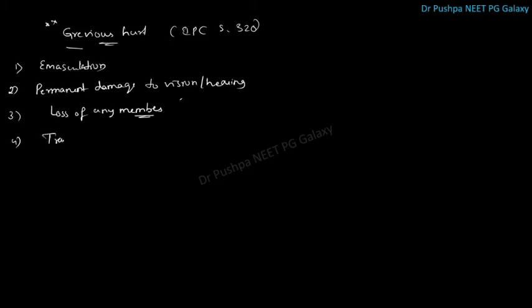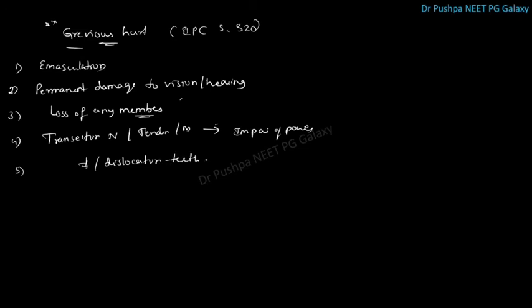So transection of nerve or tendon or muscle. So this is also included in Grievous hurt, which causes impairment of power. Fifth one is fracture or dislocation of teeth or bone.